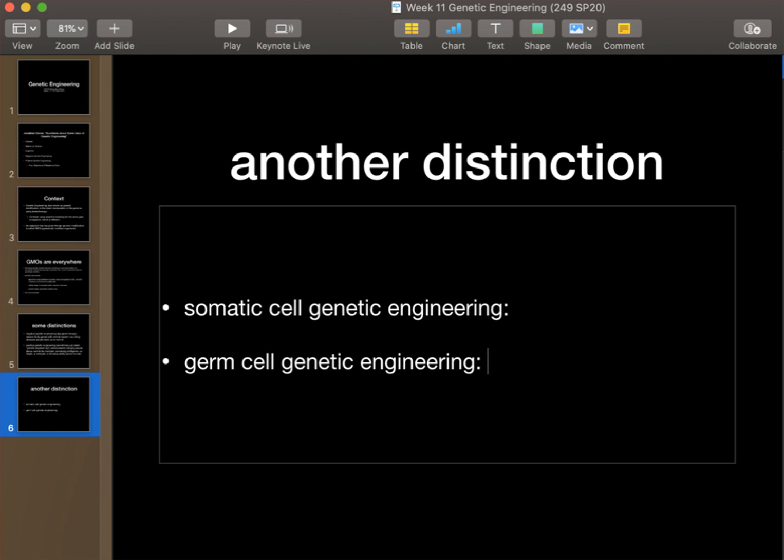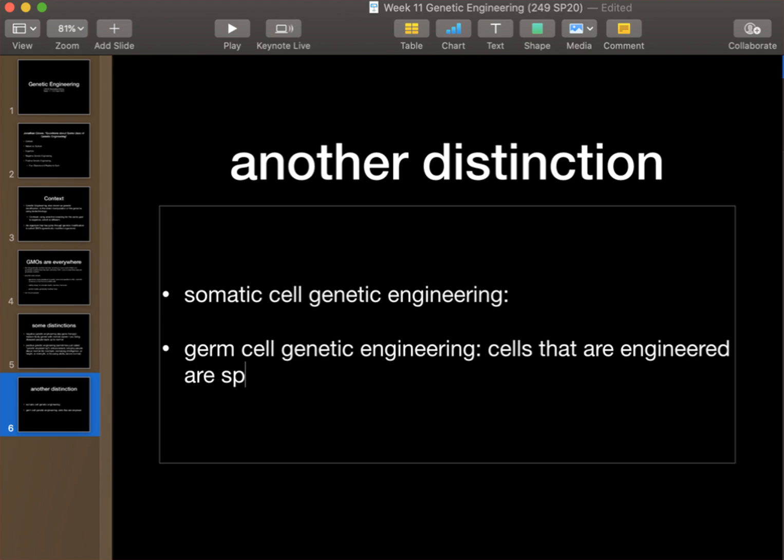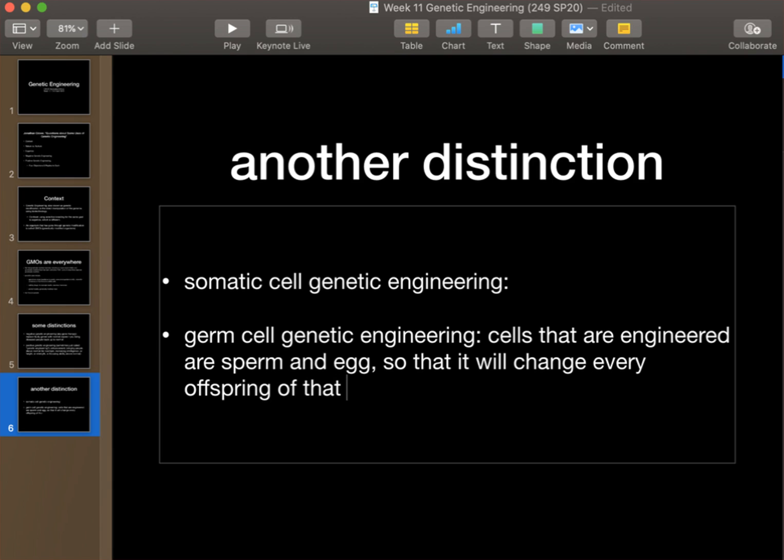So germ cell genetic engineering is changes where the cells that are engineered are sperm and egg, so that it will change every offspring of that person who is created from that sperm and egg.